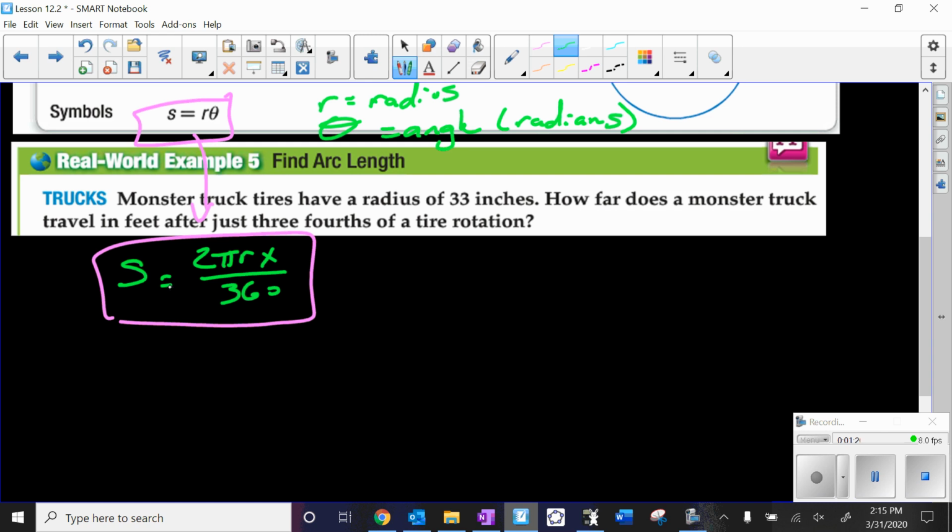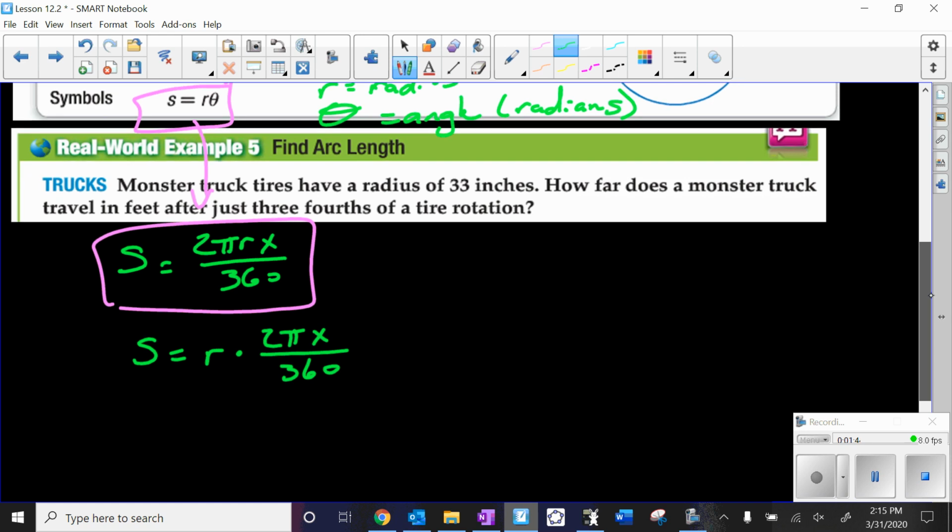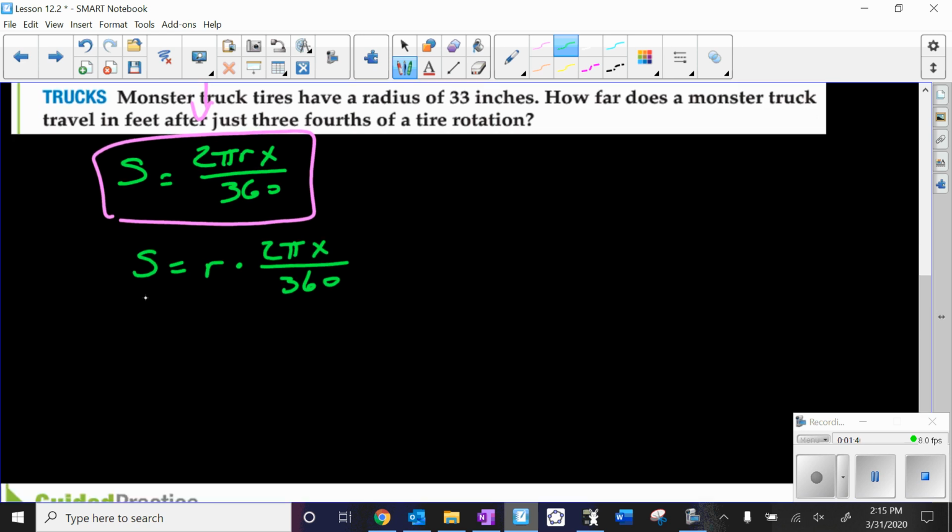So I'm going to change this S equals 2 pi r x over 360 to now be S equals R times 2 pi x divided by 360. I have my R, which is my radius, and all of this is my angle measure. I can simplify over here.